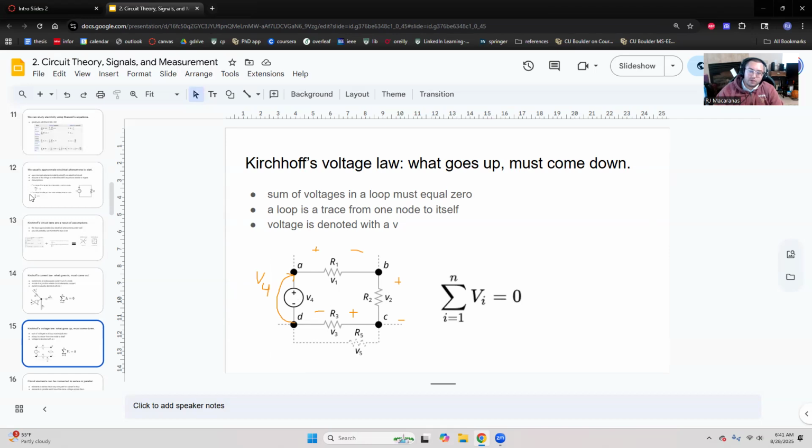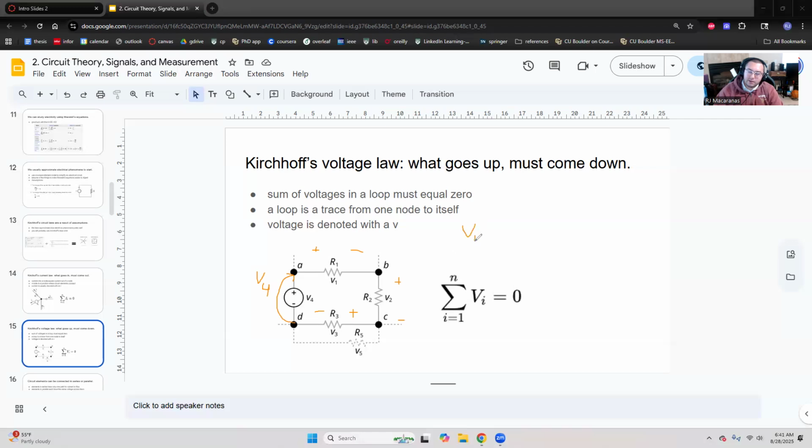And so, we can then go about summing all of these voltages. So if I walk in a circle, right, I'm going from D to A. I've gone up by V4 because I'm going through this positive terminal here. And now if I walk from A to B, right, I'm walking from here to here. So I've gone down by V1.